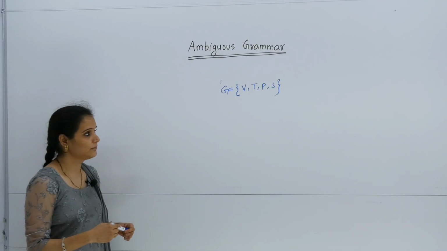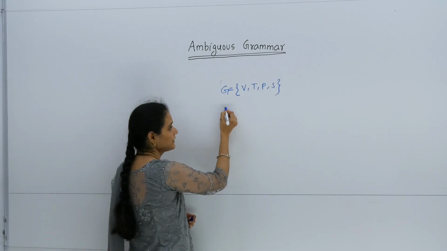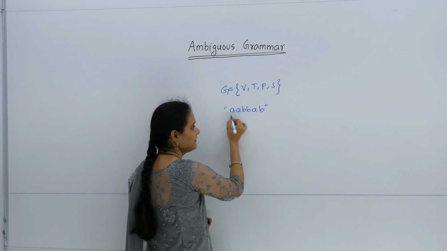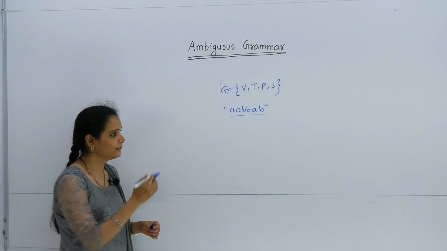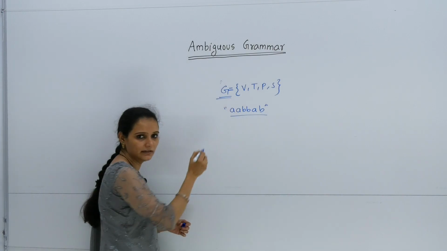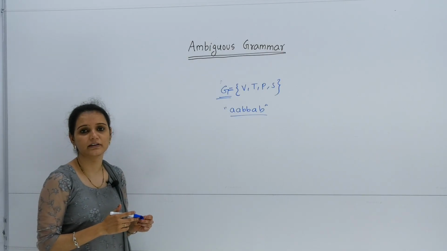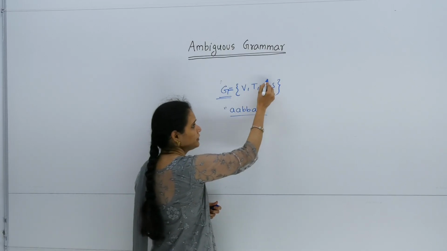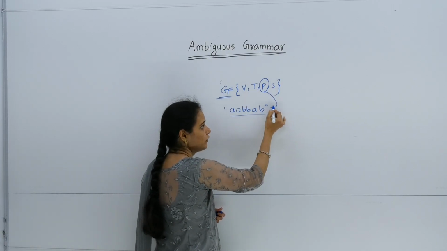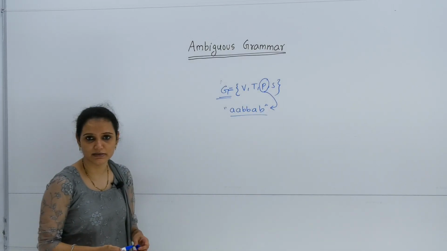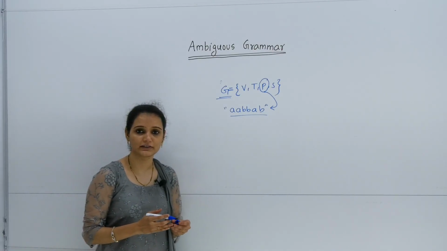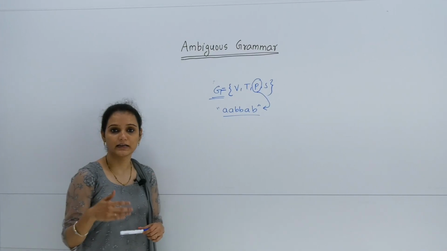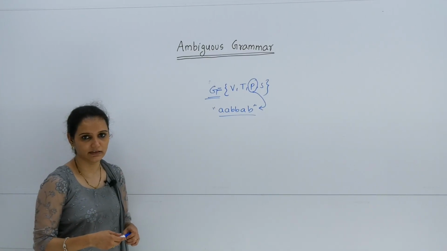Suppose we have different strings, for example A, B, B, A, B, and we have been given one grammar with a number of production rules. By using those production rules, suppose I want to generate the particular string. For that we use either leftmost derivation, rightmost derivation or a derivation tree.